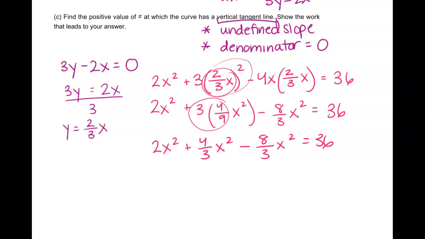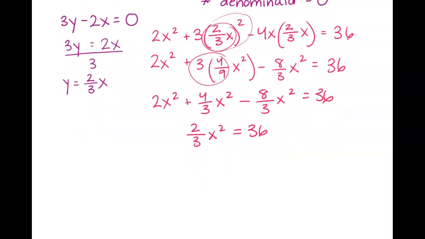So now let's see, we have 2, which is 6/3, plus 4/3, which is 10/3, minus 8/3, which is 2/3 x squared equals 36. Almost there. You can divide by 2/3. I tend to look at it as multiplying by 3/2. Makes more sense in my head.